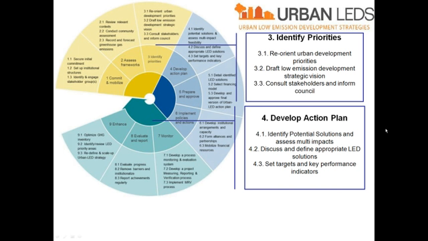And I think the tool will be relevant for stage 3 and 4, which is the identification of priorities and development of the action plan by identifying the potential solutions or potential actions and assessing the multiple impacts. So impacts not only related to reduction of greenhouse gas emissions, but also other local development impacts or environmental and so on.